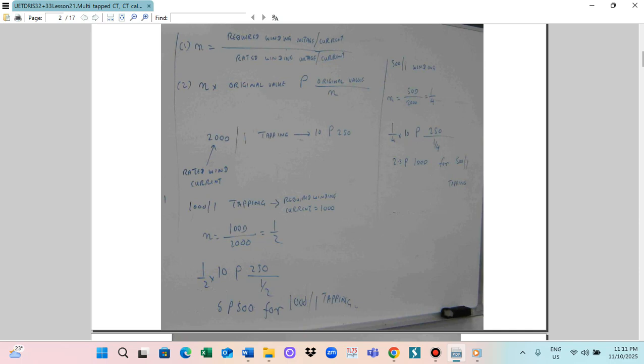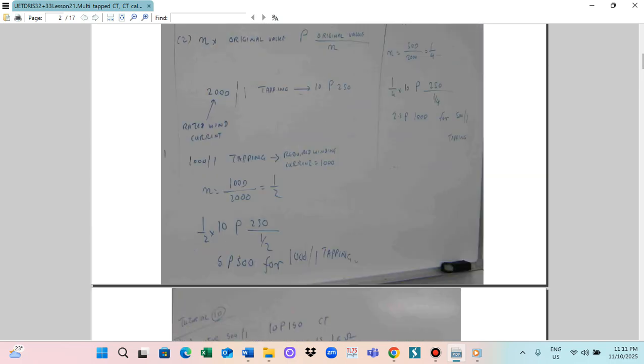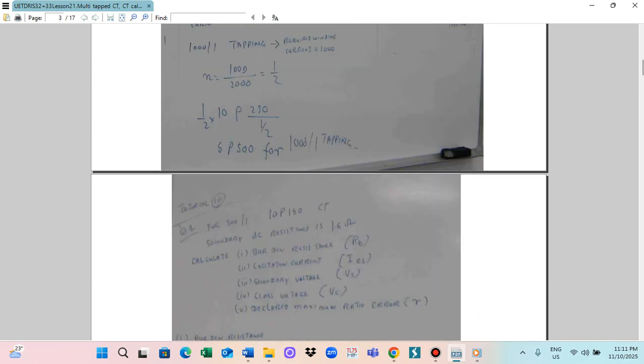Then we can write 10PS 250, multiply by 1/4 and divide by 1/4. So this is 2.5PS 1000. So this is the way to convert to the required winding.